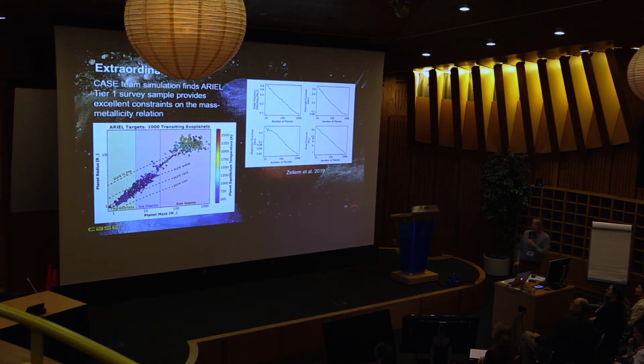Now, I want to turn to some beyond-CASE work that we've done in the CASE science team. This is a design reference mission simulation where we were trying to answer the question, what could we learn about planet formation with Ariel based on just the Tier 1 survey? I'm going to say that again, based on just the Tier 1 survey. So we made a synthetic target sample.